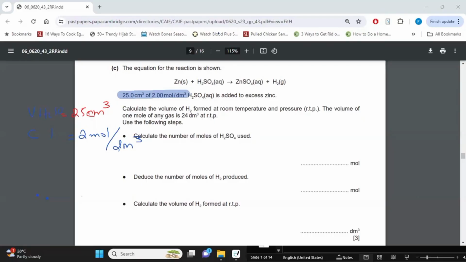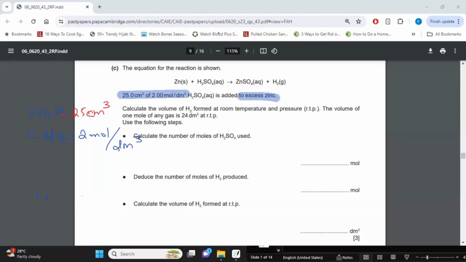Okay. Now, after that, what are we going to go ahead and do? Let's continue what the question is saying. They're saying excess zinc. This is important. Why is this important? Remember this, that whenever you're doing mole calculations, so oftentimes we have to do mole ratio, right?